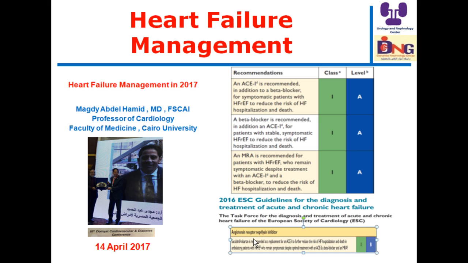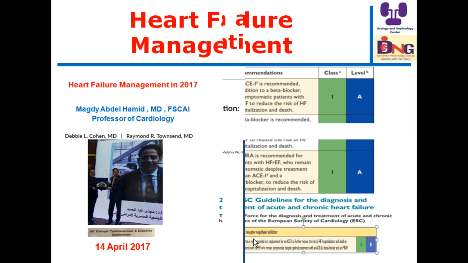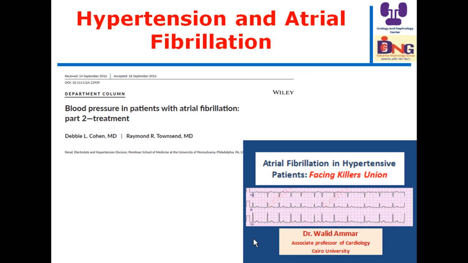In atrial fibrillation, this is a very nice presentation: atrial fibrillation and hypertension, facing a killer union. So atrial fibrillation and hypertension are bad for the patient. This is a very nice article discussing the issue of blood pressure in patients with atrial fibrillation.